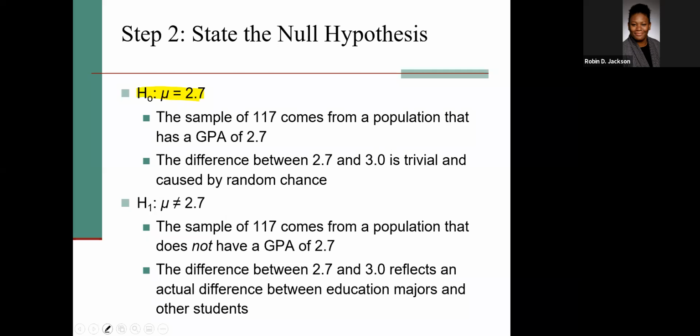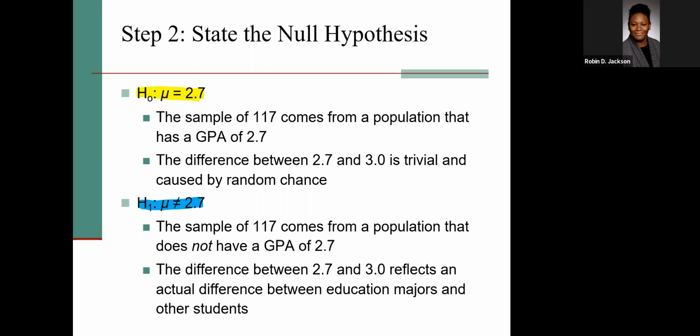And just so you don't get them confused, I will change the color to blue. This is the alternative hypothesis, or your research hypothesis. Again, the null hypothesis, the one highlighted in yellow, is saying that there's no difference between education majors and all of the students.